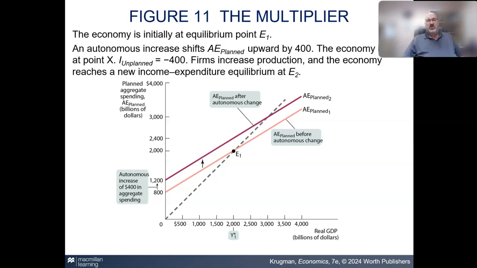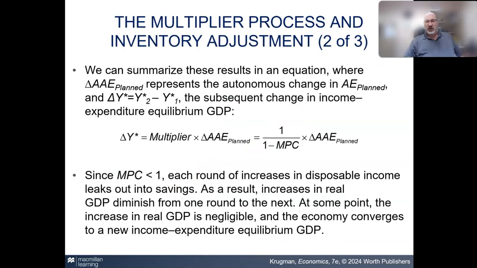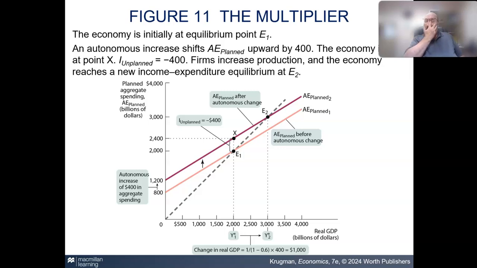Firms increase production. The economy reaches a new income-expenditure equilibrium at point E2. So we were there, we've gone up, and now we're out here at E2. So why is that? Well, that's because of the multiplier.